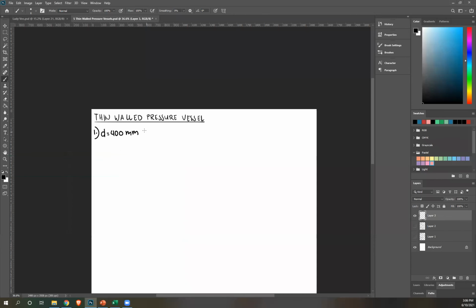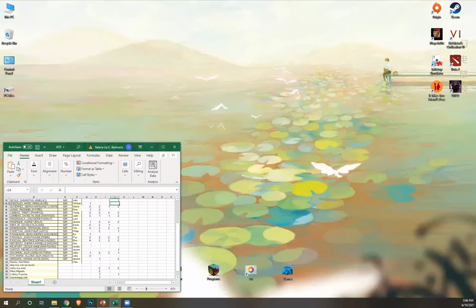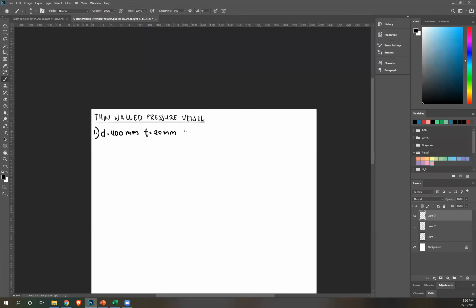So that's your T. Subjected to internal pressure 4.5 meganewton per meter squared, and that is also equal to 4.5 MPa.